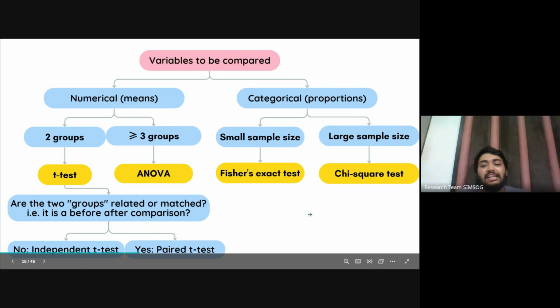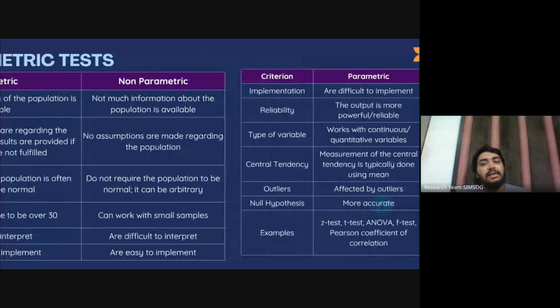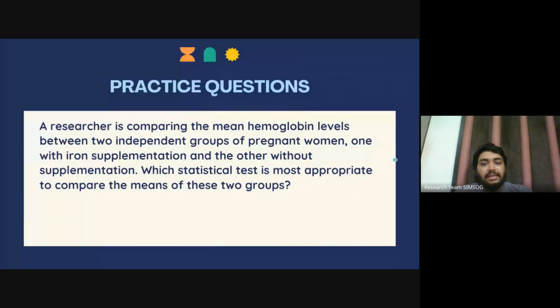Perfect. The only catch here is that you will have to check whether the hemoglobin values in your data are normally distributed or not, because if not, then instead of unpaired t-test, you will do a Mann-Whitney U test. Okay, simple. It's just an analogous thing. So the answer is independent t-test, or if not normally distributed, you'll do Mann-Whitney U test.